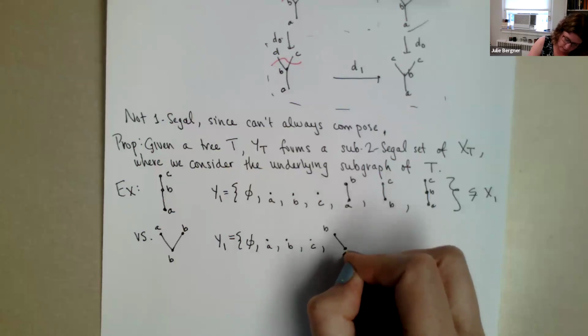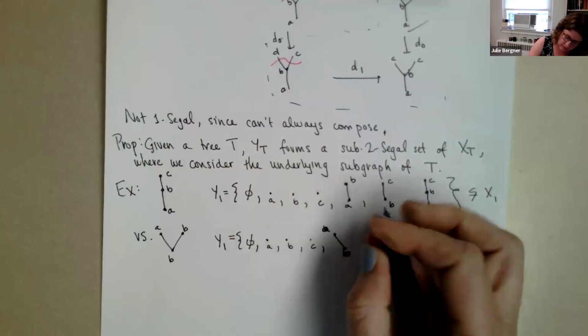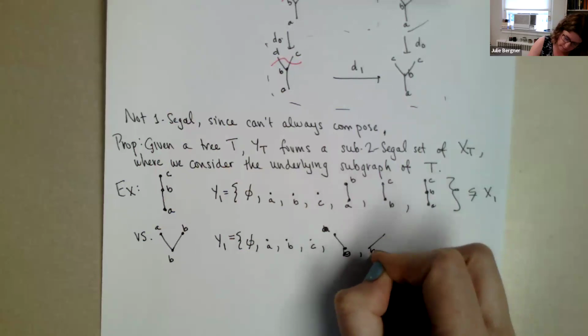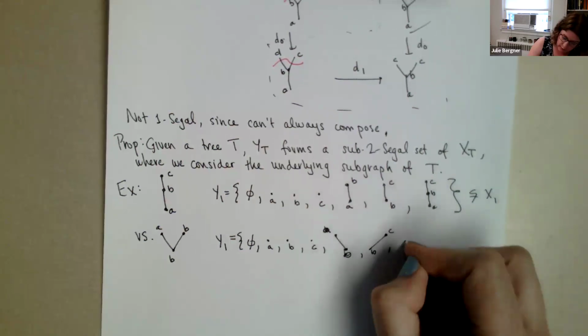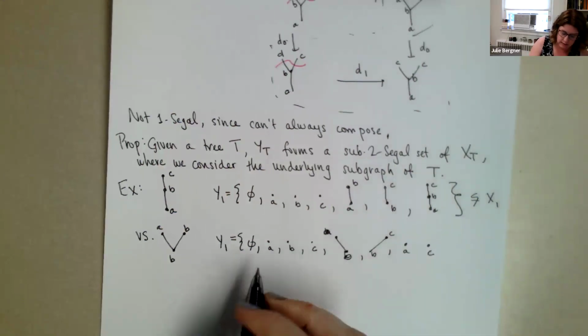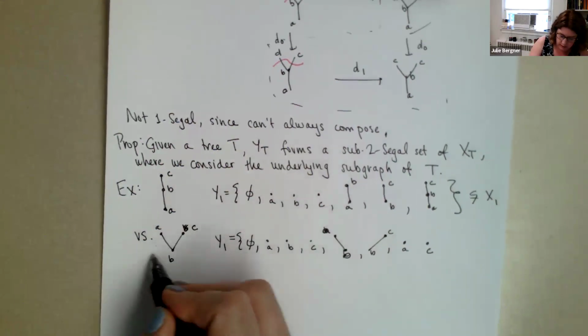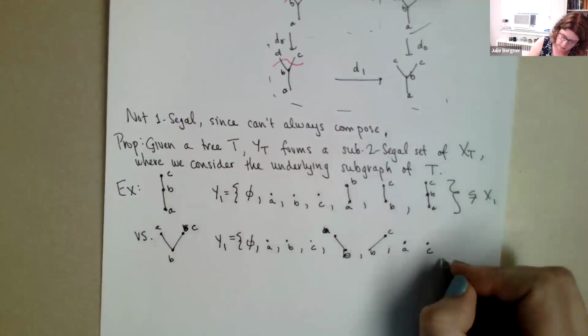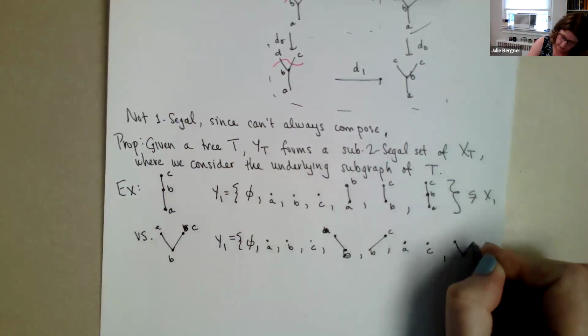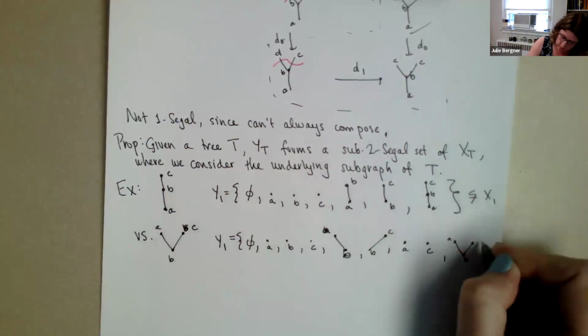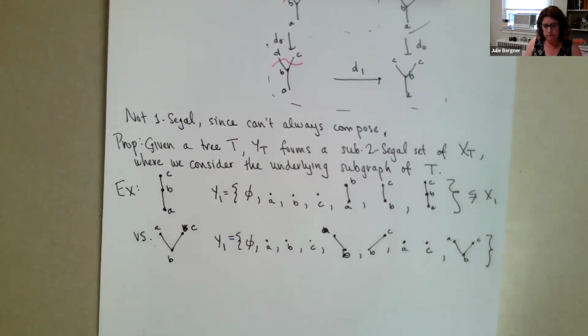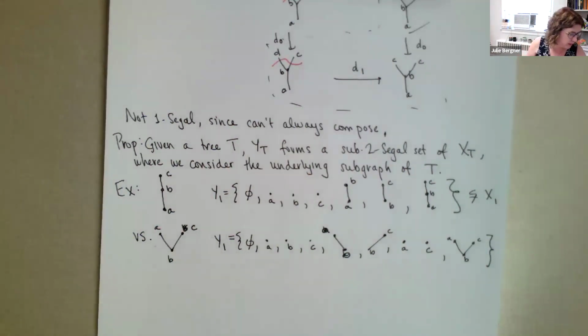I guess I should more suggestively draw it this way. But now I could get the disjoint union of A and C. I'm sorry, this is C. By doing a cut here. And then I could get the whole thing. So I could get different things depending on the choice that I make. Okay.